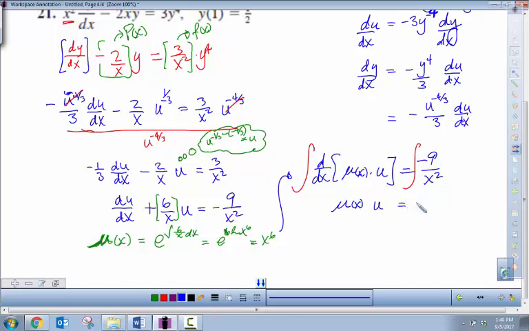And then the integral of this is negative 9, and then this is x to the negative 2. You add 1, x to the negative 1 with a negative sign, plus c. Right? So you want to divide out by mu?